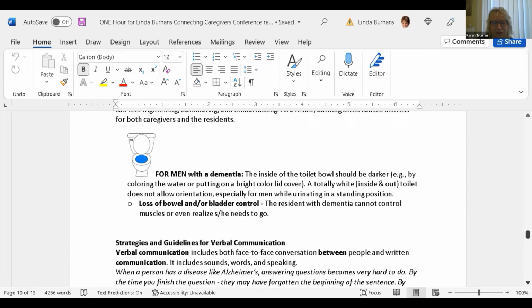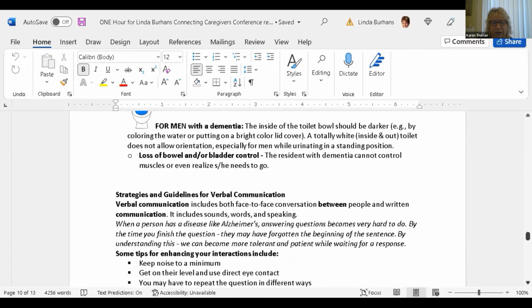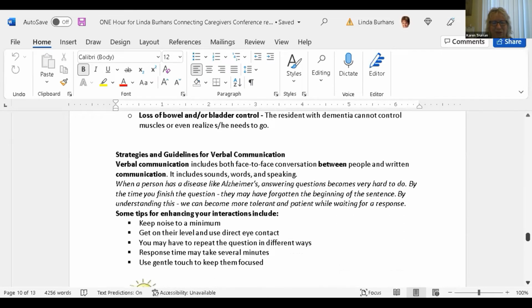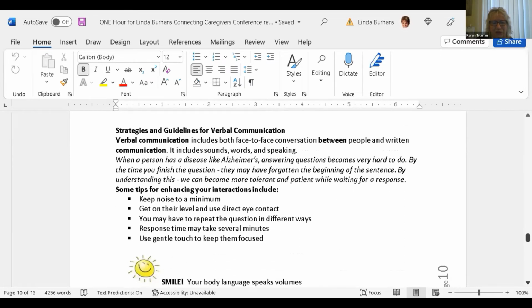So you need to have the colored water, put a light shining down there, do something to make it a little bit more visible, because most of the toilets and the floors, the sinks, the showers, everything's white, and they get lost in the shuffle, and maybe they have macular degeneration. They could have a lot of different things going on at the same time. So those are all things to think about.